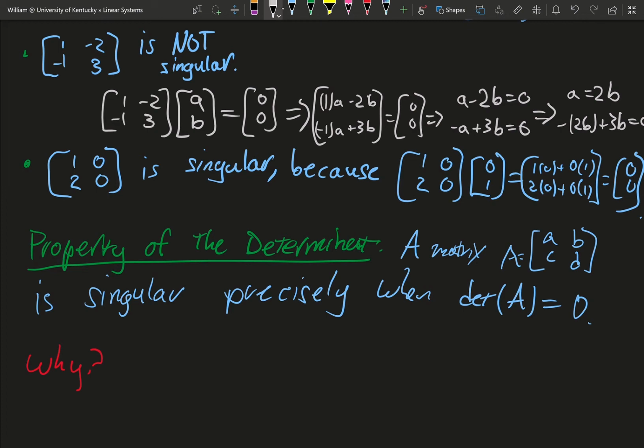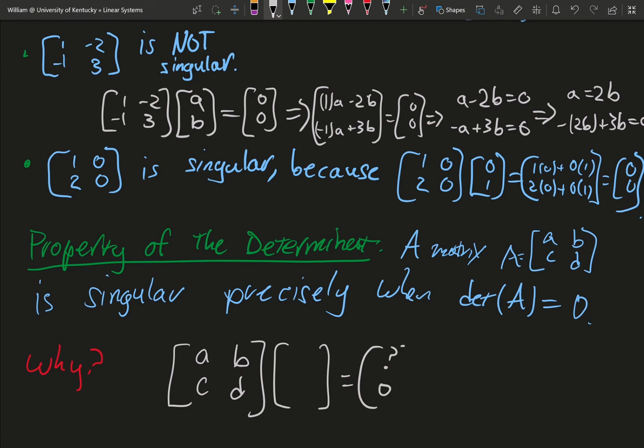Okay, so let's look. A, B, C, D. The idea is I want to multiply by something that's going to guarantee that at least, let's say, this entry is 0. So what can I multiply by so that this entry is 0? So this is going to be x, y, right?